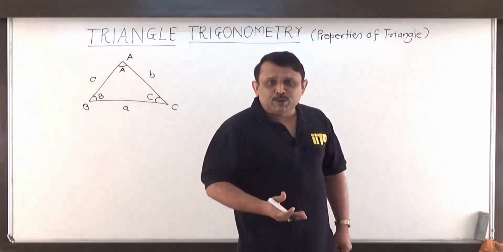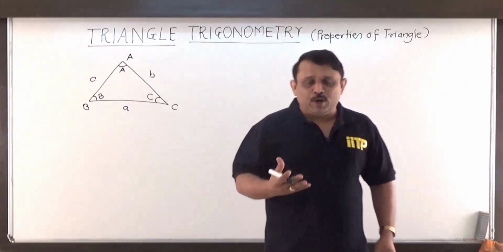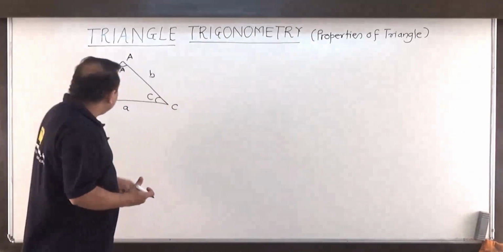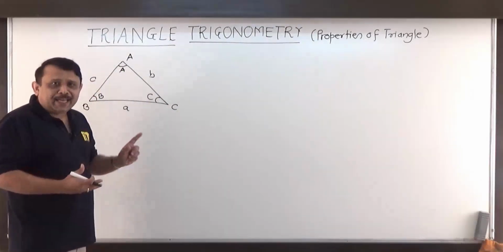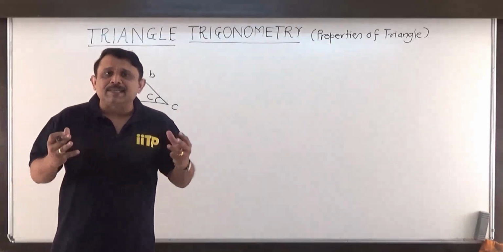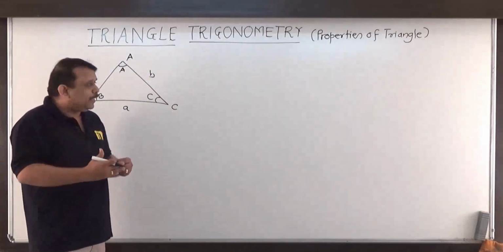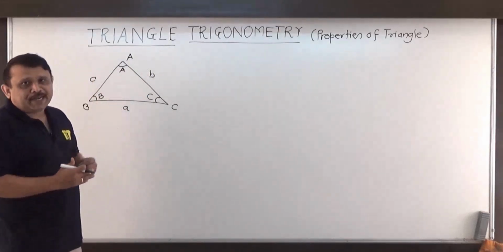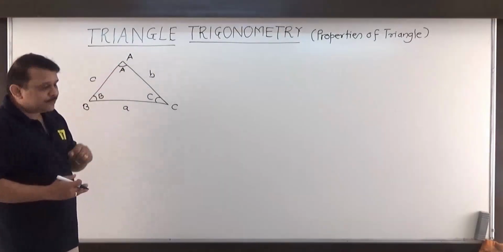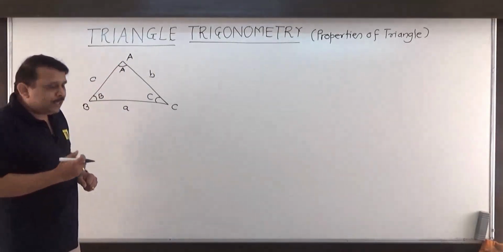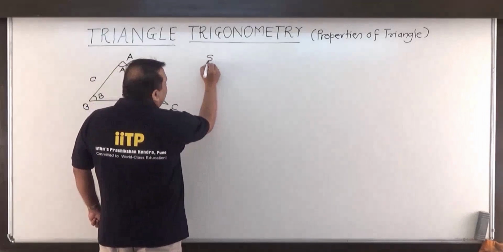There are trigonometric ratios, sine, cos, tan, sec, cosec, cot, which are helpful in finding these 3 sides and angles of the triangle. Let us try to establish some relation among the trigonometric ratios and the sides of the triangle with these angles. The very first rule is known as sine rule.